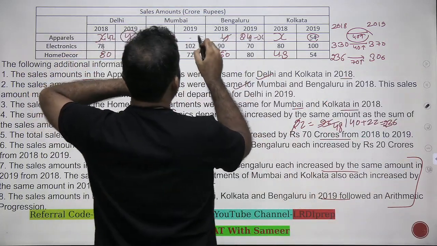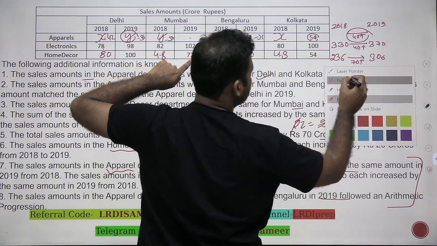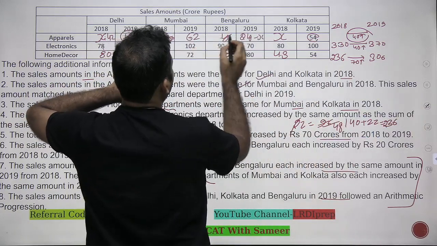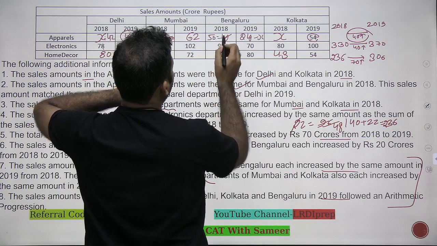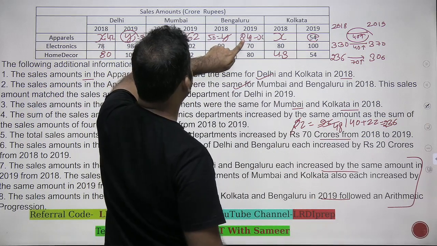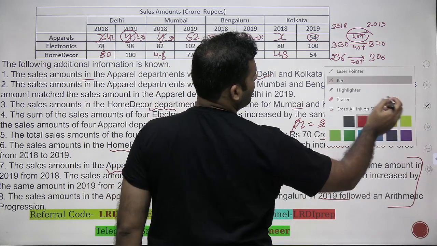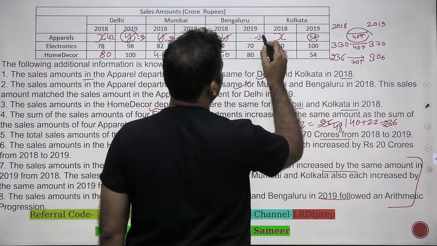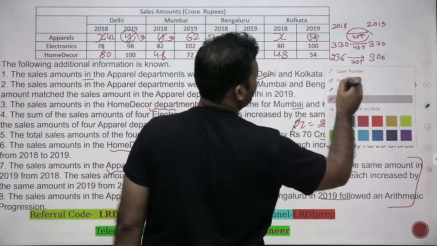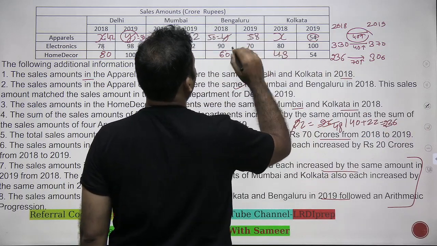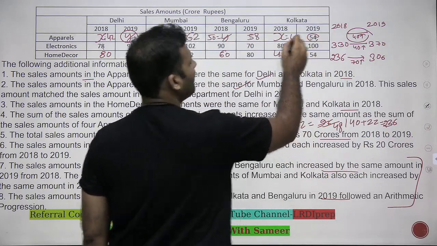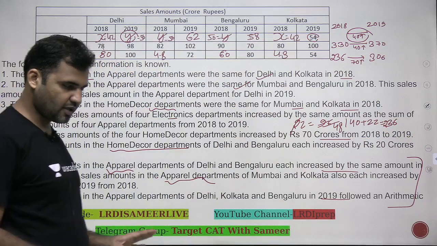So this value will be equal to 62, guys. This is 50. 2 into 50 is 100, 100 minus 42 would be equal to 58. So this value will be 58. X is 42. Now you have all the values and you can answer all the questions.